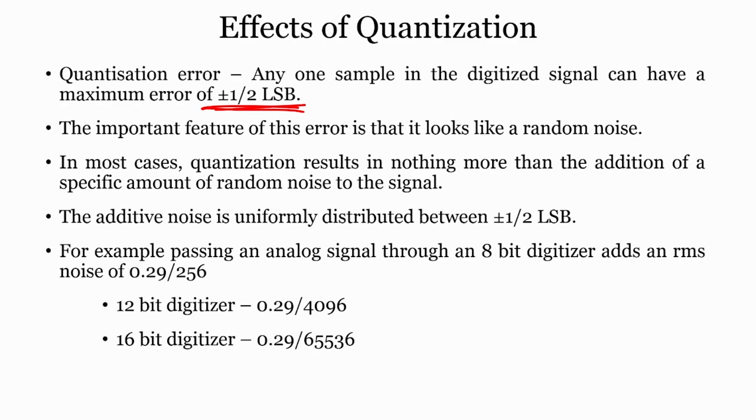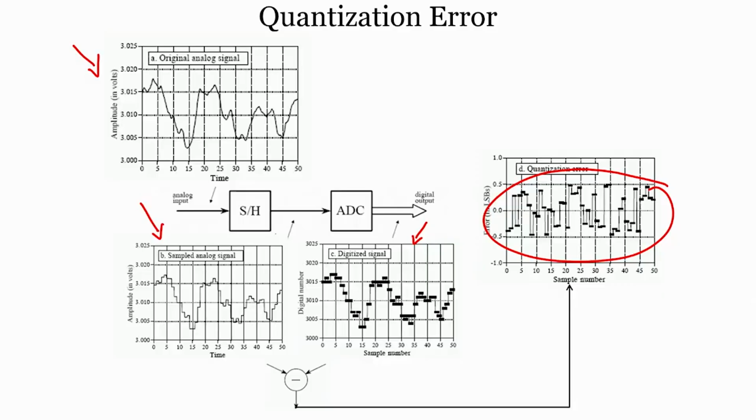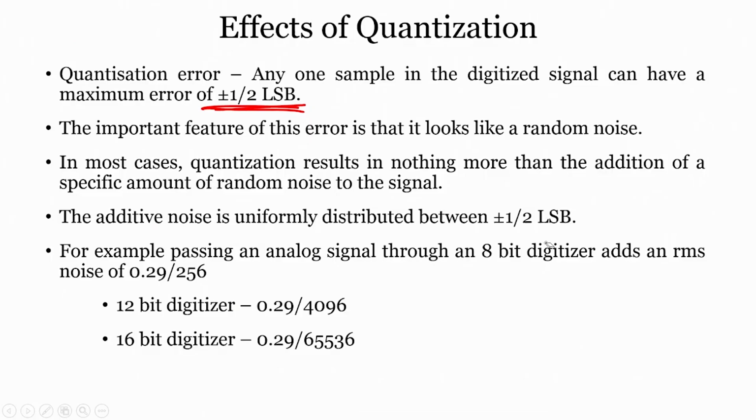The important feature of this error is that it looks like random noise. It does not look like some kind of signal; it really looks like a noise signal. If you look at analog noise, it feels like this. The additive noise is uniformly distributed between plus and minus half LSB.